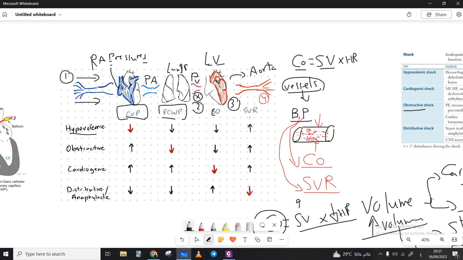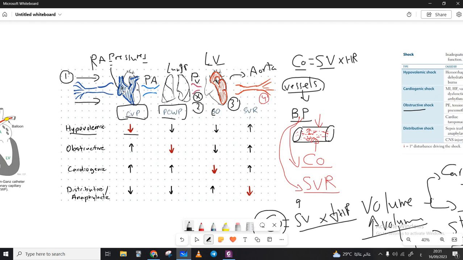If you have hypovolemic shock, you have less blood inside your vessels. This means you have less blood going from the veins back into the right side of the heart, so when you measure the right atrial pressure and the central venous pressure, it will be low because you have less volume.